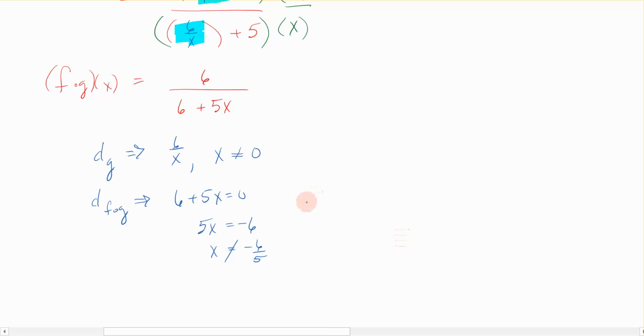So then the domain is going to look like, if I can't have a 0 or a negative 6/5, let's draw our number line because this is confusing here. Negative 6/5 and 0. So I can have everything on the outside, in between, and on the other side of these two numbers.